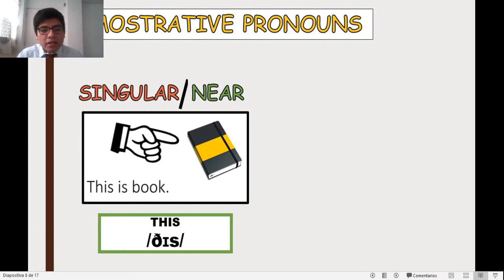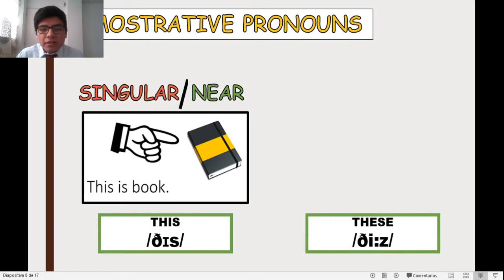Okay, that's right. What about this other one? The correct pronunciation of this word is different, of course, regarding this one.